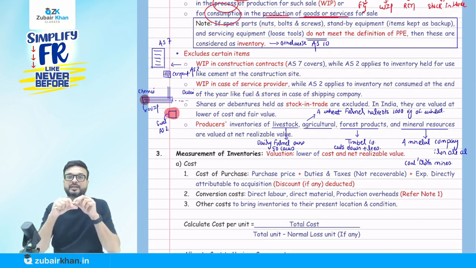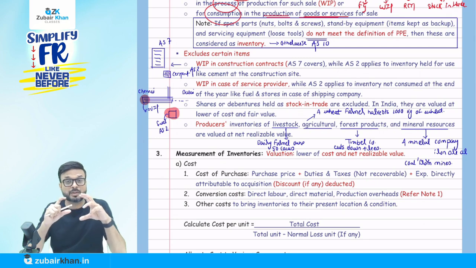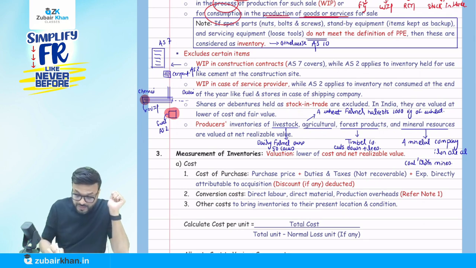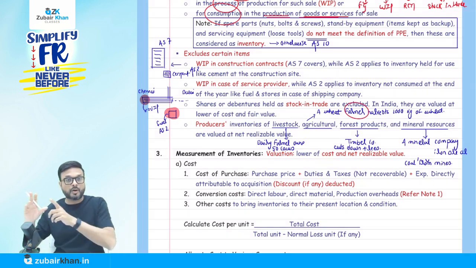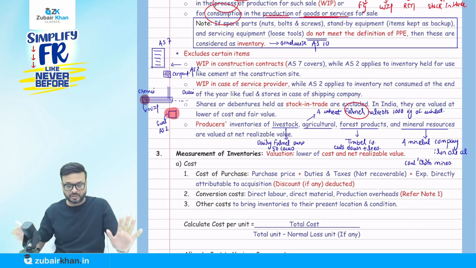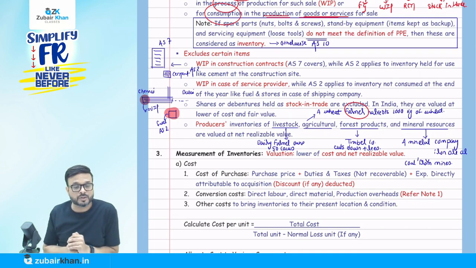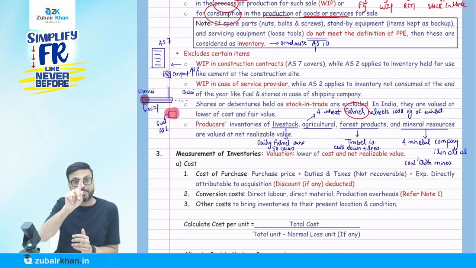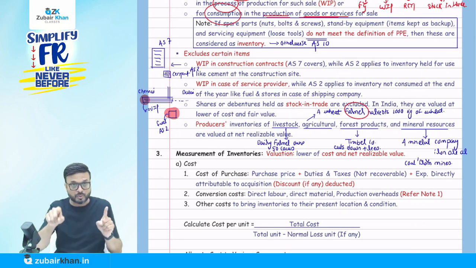A very important thing is that when we talk about the producer of the agriculture product, it means the producer, not the trader. Please understand this point. This is a wheat farmer. If you go to a mall in your city, you see there are vegetables there too. AS2 is applicable to them because the owner of that mall is the trader.